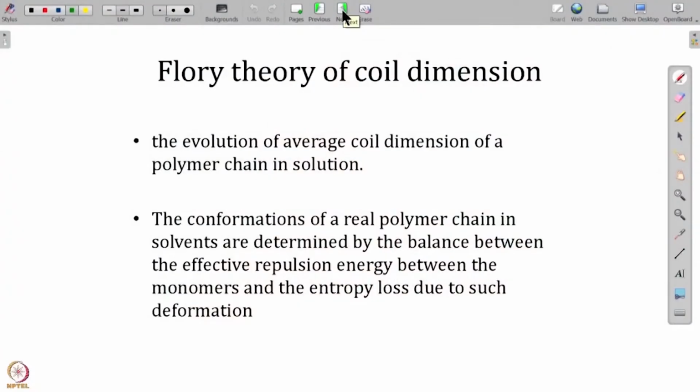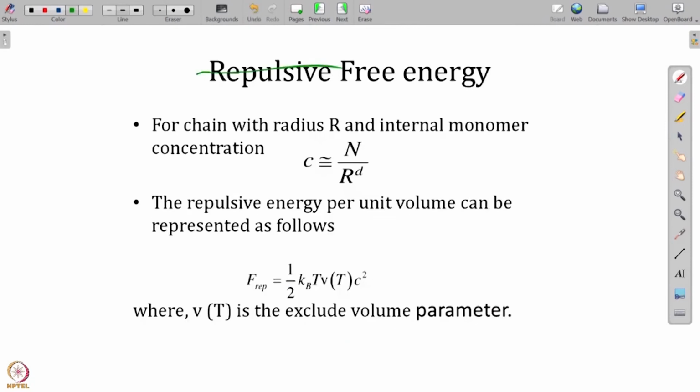Flory used it again to develop the interactions and the evolution of the coil dimension of the polymer. Now, this is not just repulsion energy, actually it is effective interaction energy, which we will see can be both positive and negative, both repulsive and attractive.